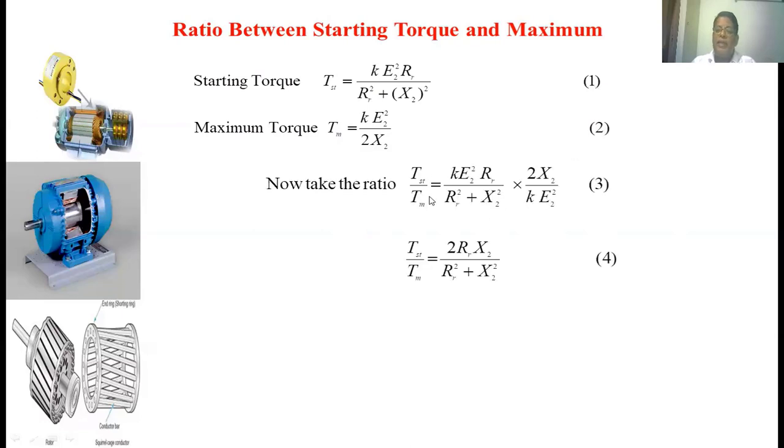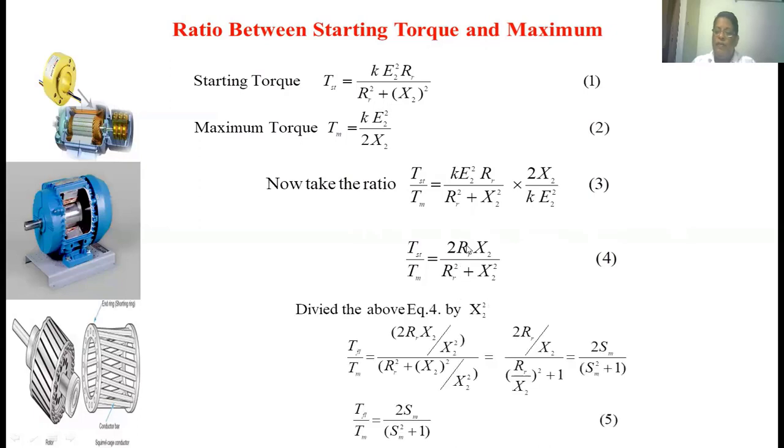T starting by T maximum equal to K into E2 square RR by RR square plus X2 whole square into 2X2 by K into E2 square. Again K E2 square, K E2 square gets cancelled. T starting by T maximum equal to 2 RR X2 by RR square plus X2 square.